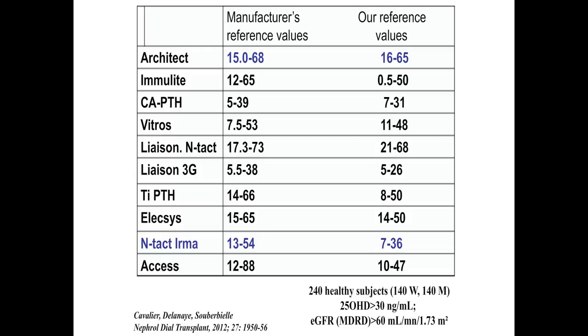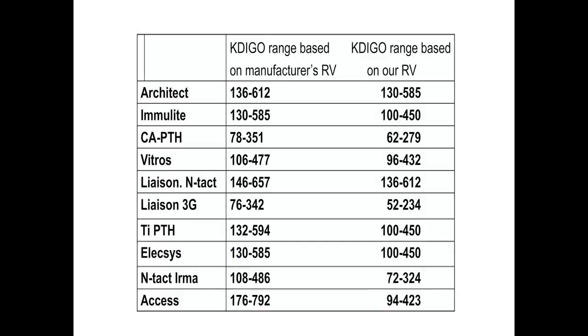In this assay, the manufacturer's reference range was 12 to 88, whereas the Cavalier normals was 10 to 47. So some of these values are dramatically different, some not so dramatic. But as you begin to multiply these by factors of the upper limit of normal, you can see that different ranges are going to result.